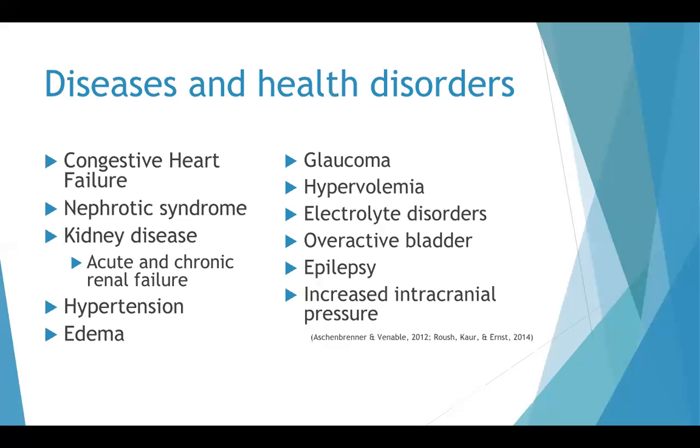This leads to low albumin, or protein, in the blood, which is called hypoalbuminemia. This allows fluid to leak out of the vessels and into the tissue, which causes edema and hypovolemia. The kidneys compensate for this by retaining water and sodium, again, which leads to more edema, unfortunately.